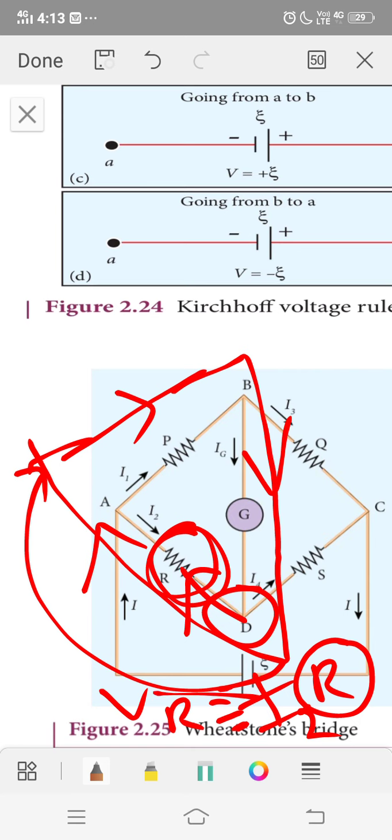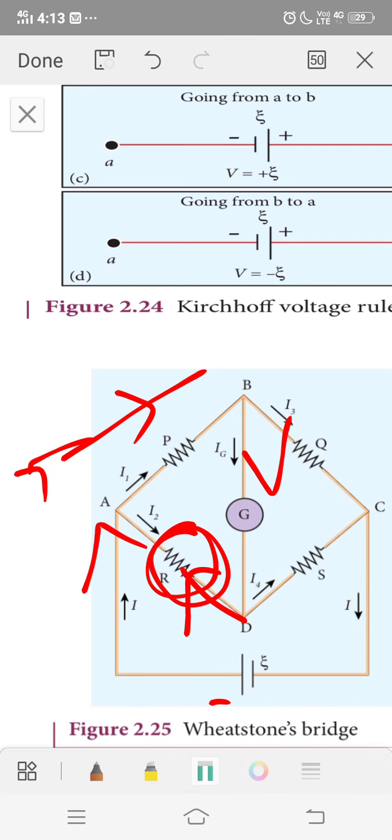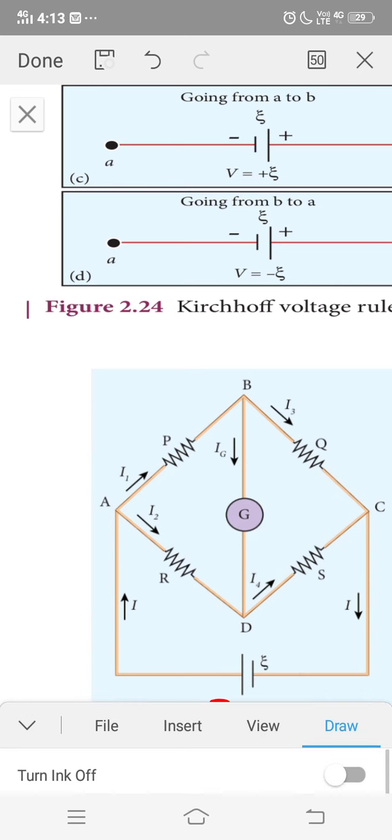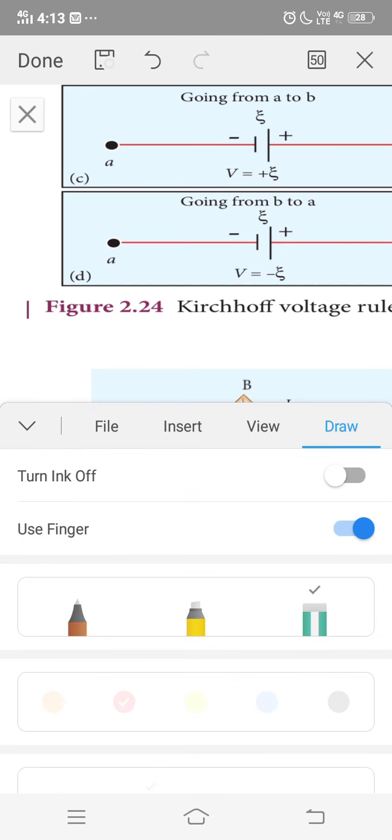According to the voltage rule, the algebraic sum of the voltage drops across the devices is equal to 0. So we substitute the algebraic sum of the voltages equal to 0.